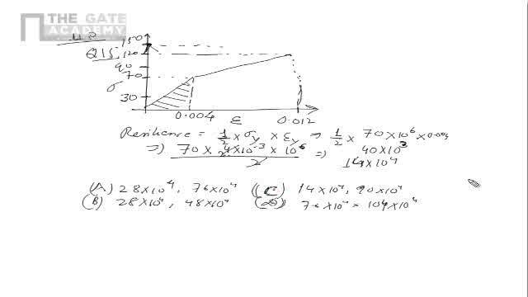Now let us see whether that is correct also by solving for the toughness. So toughness is the total area, like this. This is the toughness. So what is the toughness value? Toughness is equal to the total area. That is nothing but the resilience, which is already calculated, 14 into 10 to the power of 4, plus the area under this trapezium here.